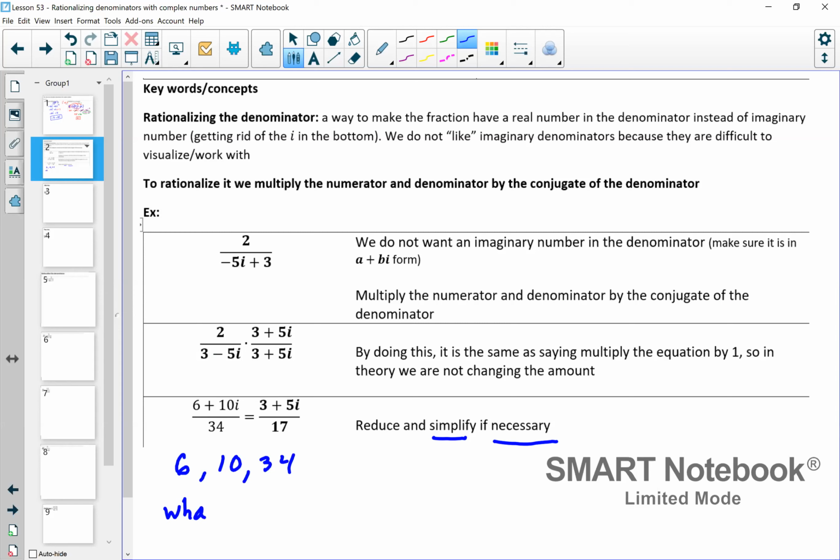What number can we divide them by? If you remember your prime numbers, you could break down all these numbers and see what prime numbers they have in common. And if we work through it, we would notice that 6, 10, and 34 can all be divided by 2. So we are going to divide by 2.